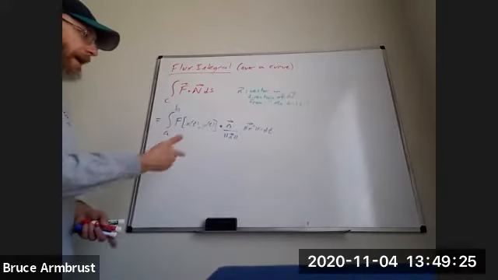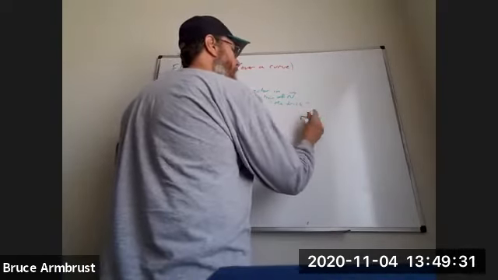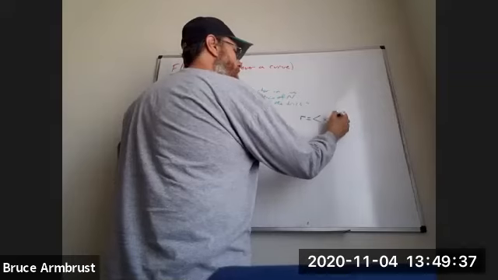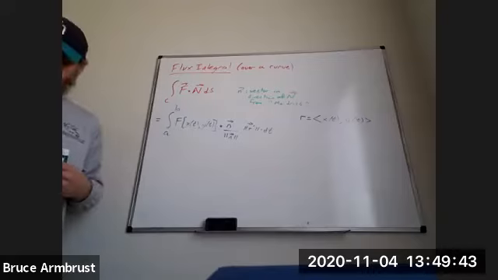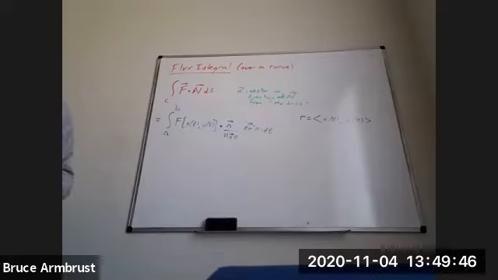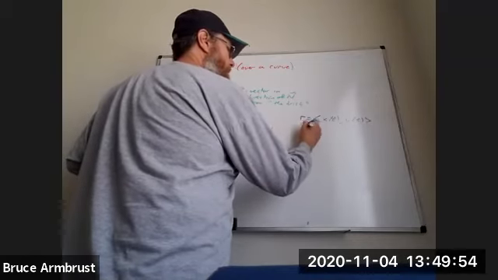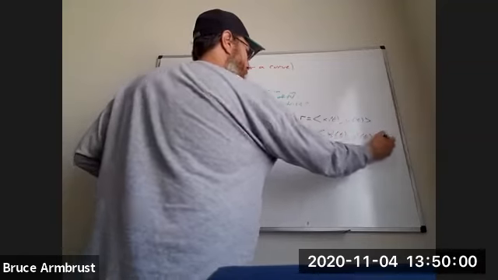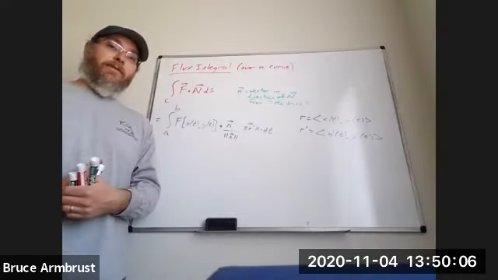Well, let me remind you then how we get n. If we've got r, r is going to equal x of t comma y of t. To get n, we need r prime, because r prime is pointing in the direction tangent to the curve.